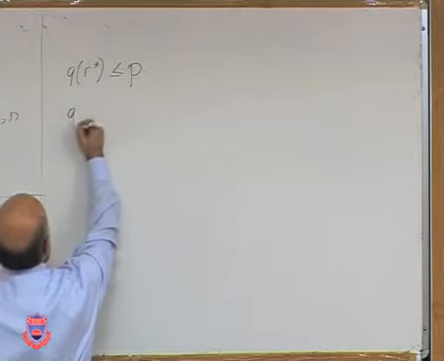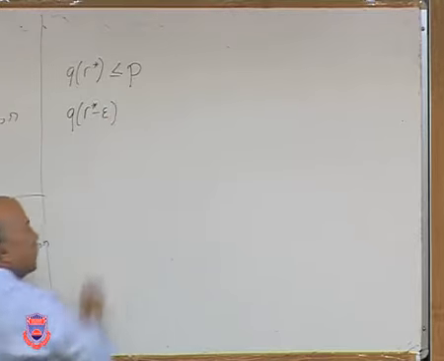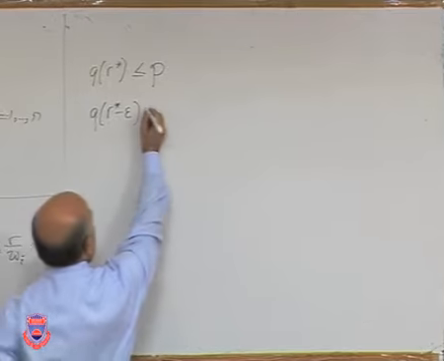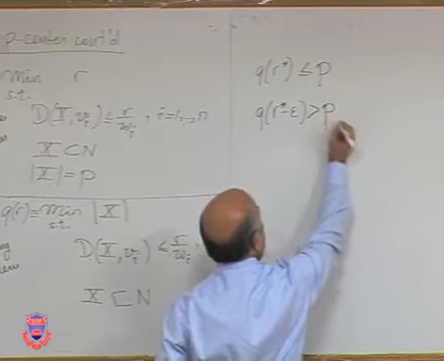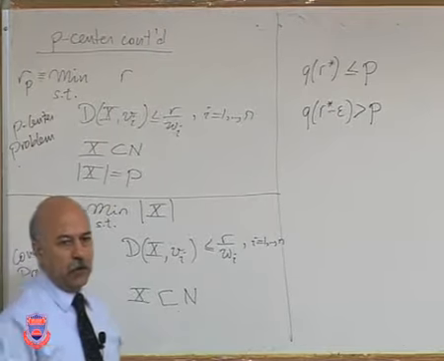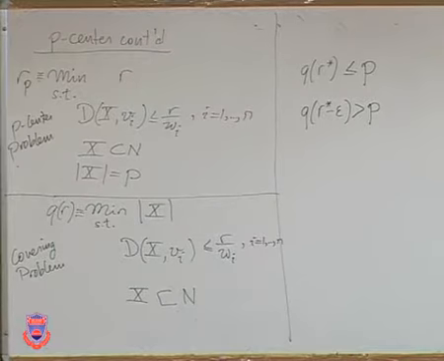And when you reduce the radius a little bit further by some positive epsilon amount, the minimizing solution turns out to output more than P facilities. Okay? So that's the precise value we're looking for.